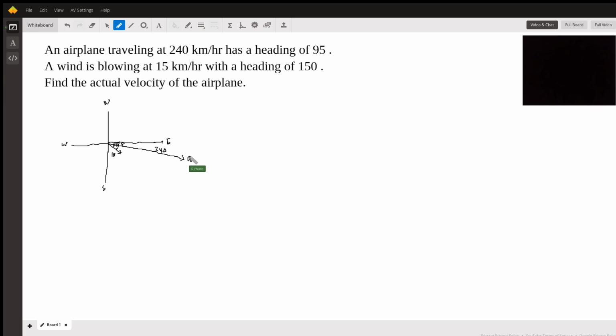So we'll call this one U, and we'll call this V. Whenever we represent a vector with a letter, U and V are traditional choices.